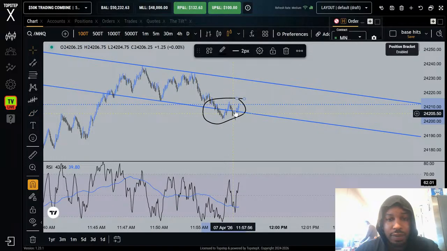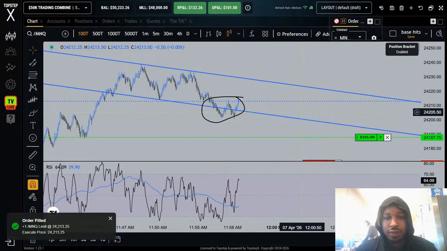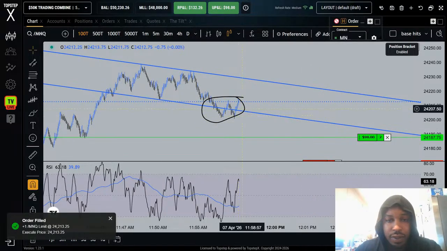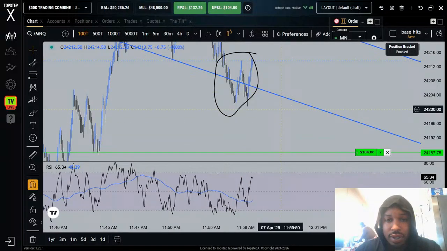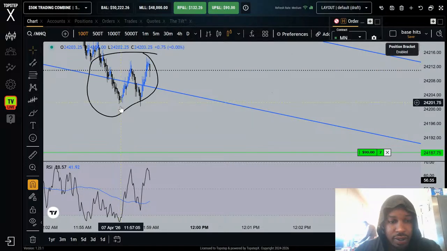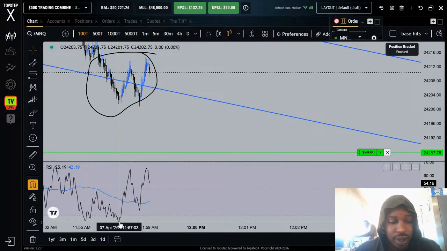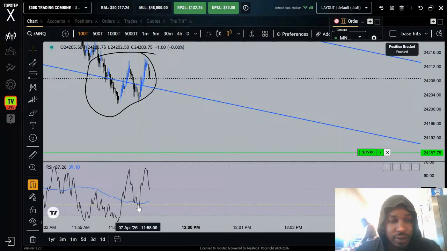At the 5th point, we have this divergent. Price formed a lower low right here, and then a low on the RSI. And then it formed a lower low, and then right here a higher low.